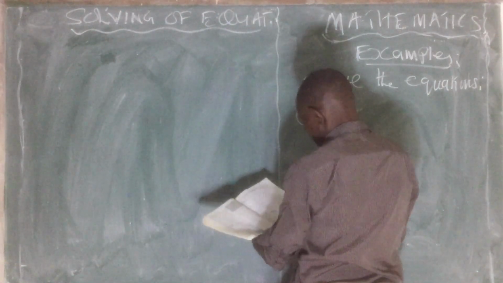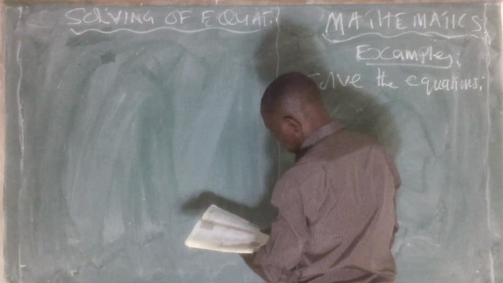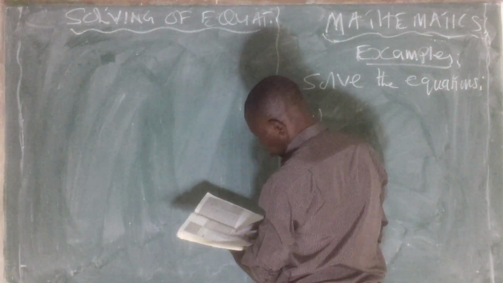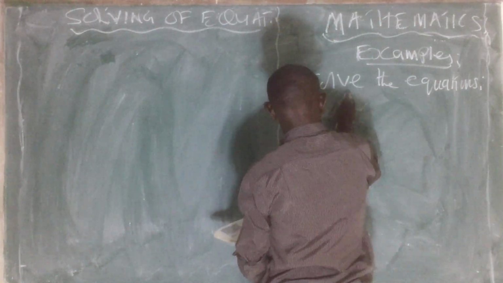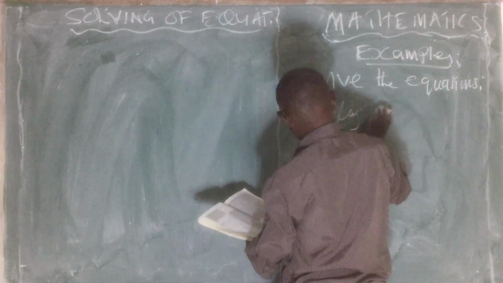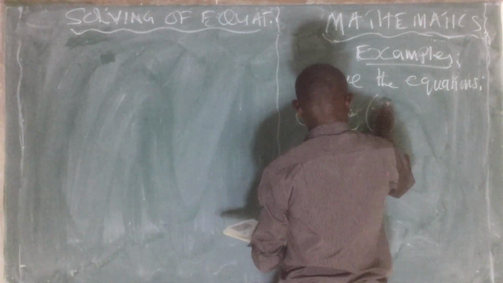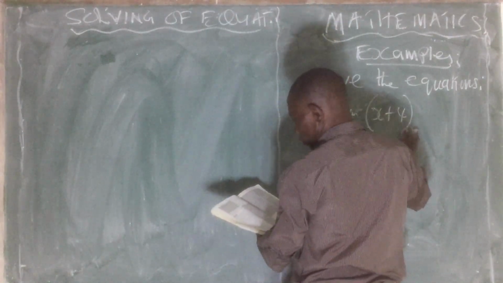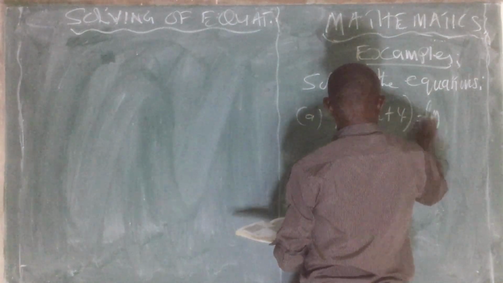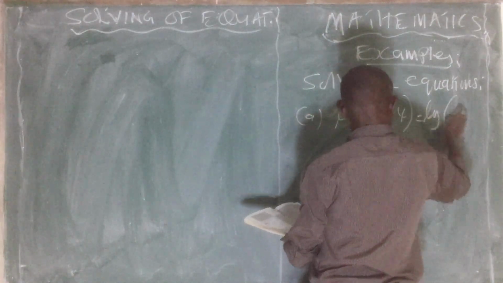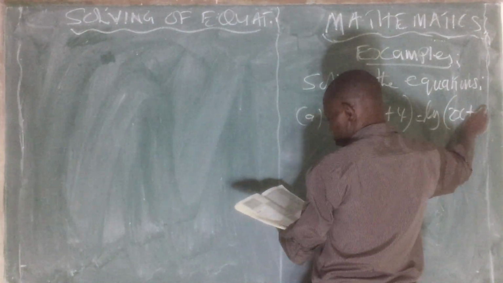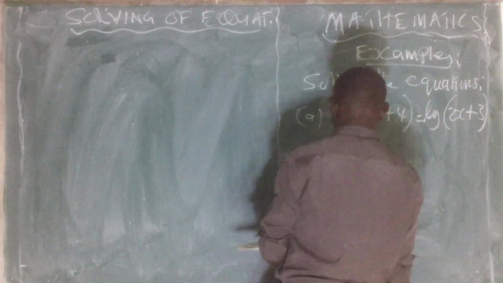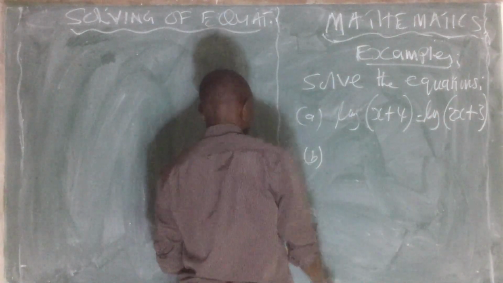Solve the equation: logarithm of x plus 4 is equal to logarithm of 2x plus 3.